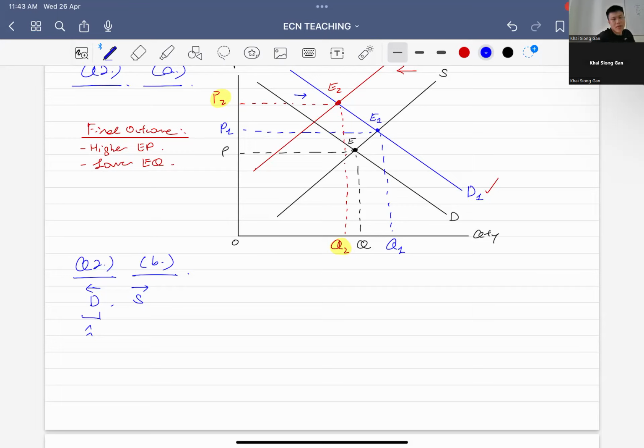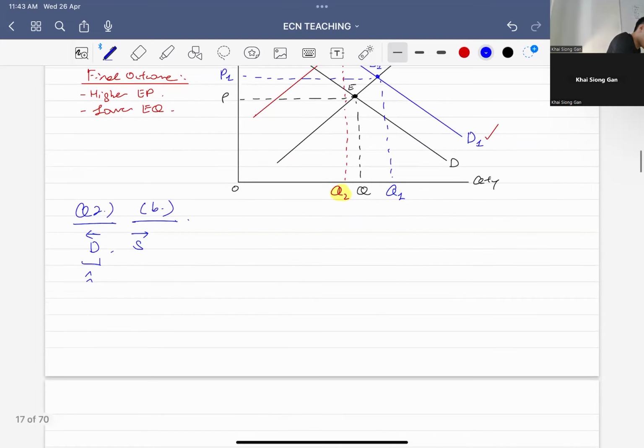Let's see what are the impacts. Same thing. Draw my y-axis and x-axis, 0, price. This is quantity. This is my demand curve.